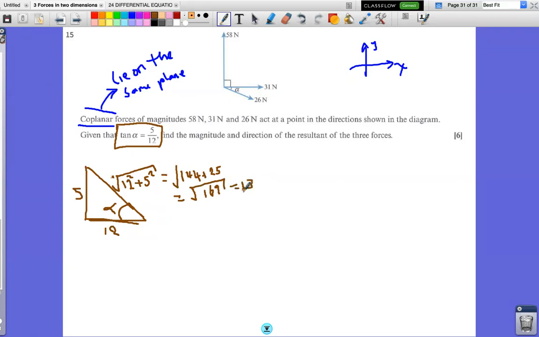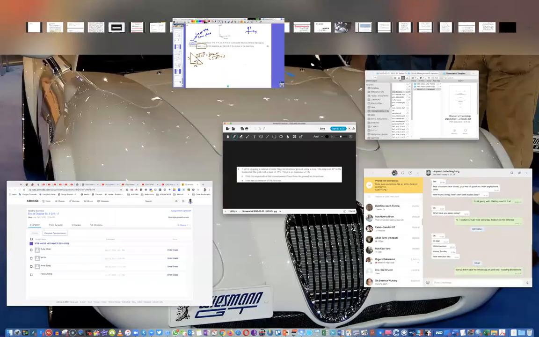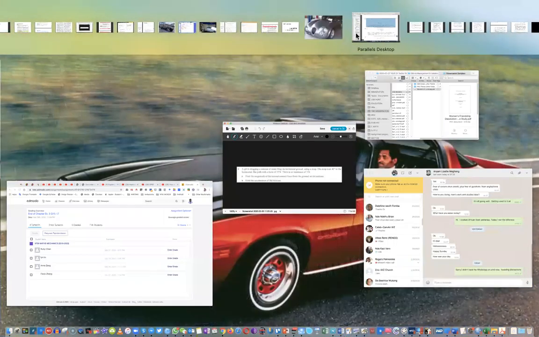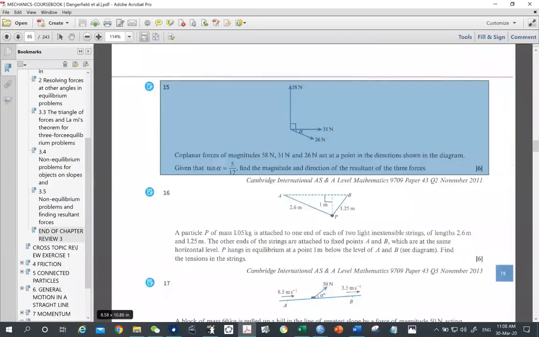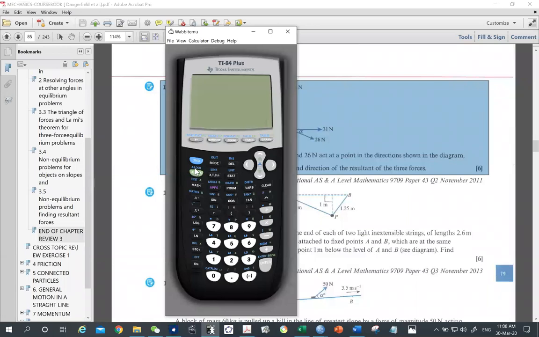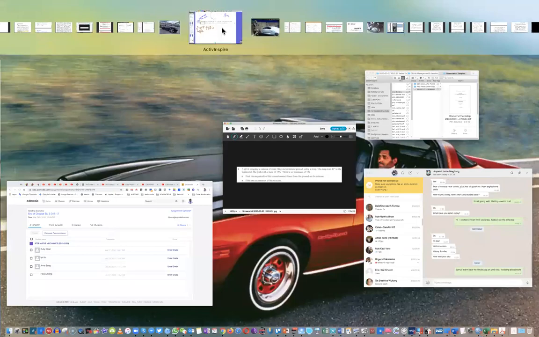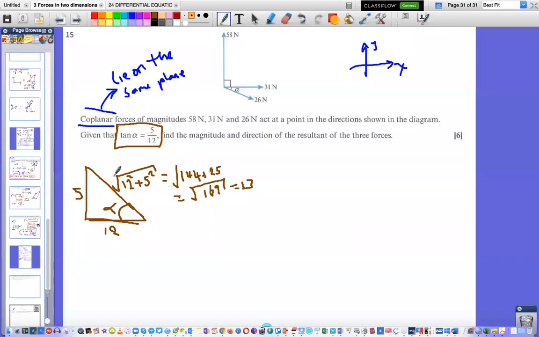It's 13, right? Square root of 169 is 13, isn't it? So this side is 13 units.